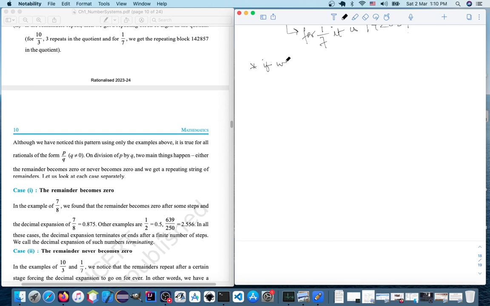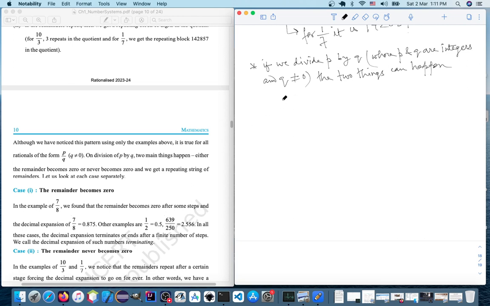If we divide p by q, where p and q are integers and q not equal to 0, then two things can happen.